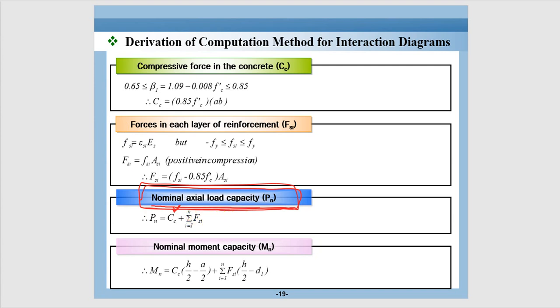Okay, and the moment is very easy too. Now we can calculate moment equilibrium using this equation, but in this equation we have to fix one thing here. This is i, not 1. This is i. Okay, so this equation gives you the moment equilibrium. For example, the moment contribution due to the compression block is Cc multiplied by its moment arm, h/2 minus a/2.